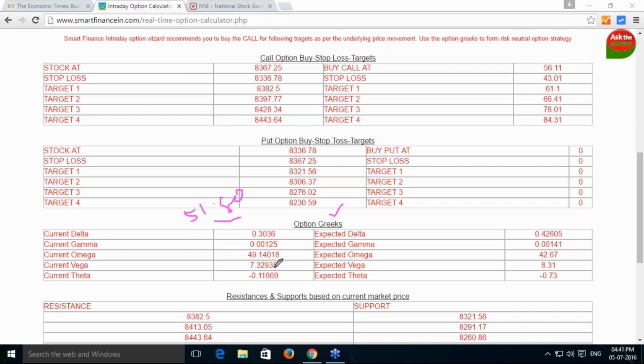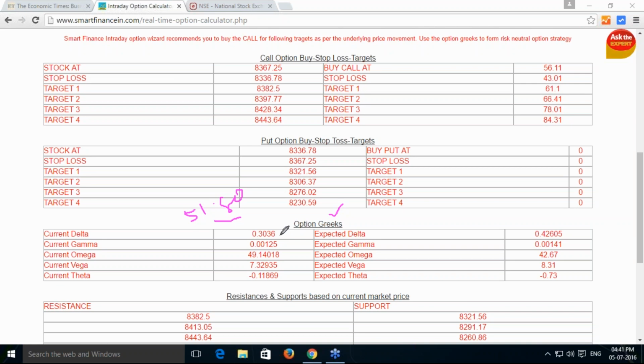Vega means as per the volatility, how much decay in the time value we can expect. Delta means as per the underlying asset price movement, how much growth you can expect. If the Nifty goes up by 1%, this delta of 0.3 says that your premium will go up by 30%.